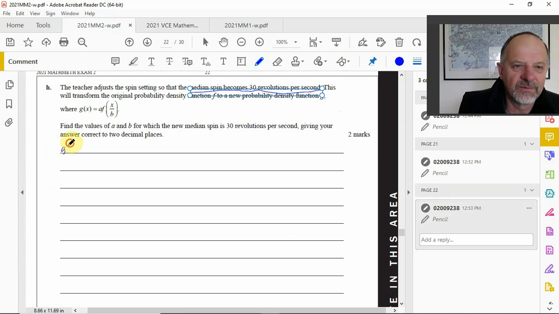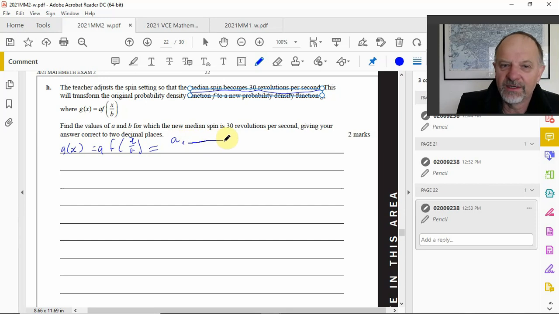All right, so what do we got? We've got g of x then is a f of x on b. Now we're in the top half, and so in the top half we've got a times our function, which is 50 minus x on b, all over 750.